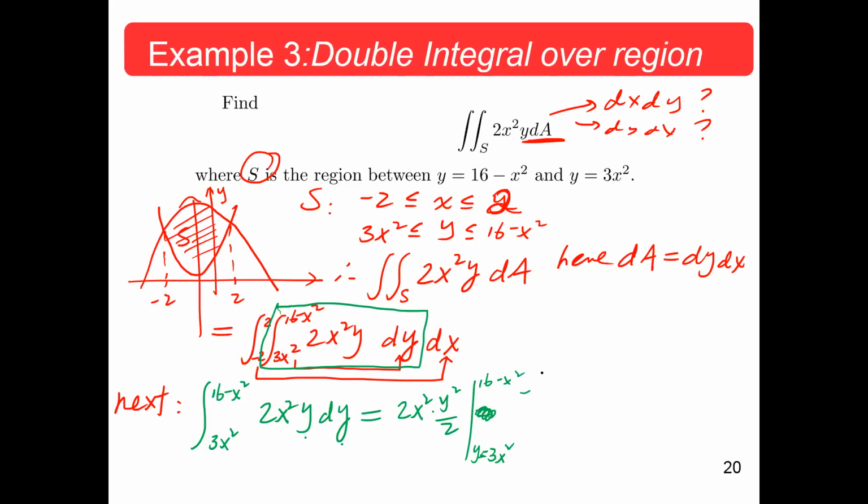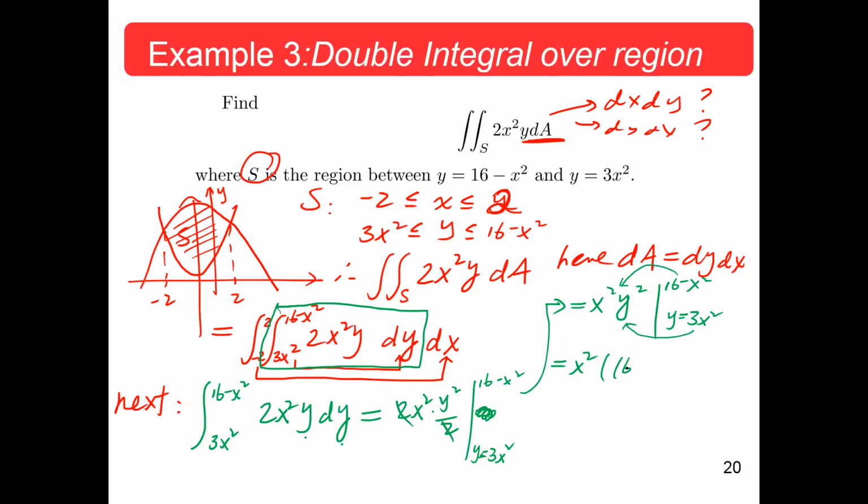I'm going to continue here. The 2 and 2 could be reduced. We have x squared y squared, with y equals 3x squared as the lower bound and 16 minus x squared as the upper bound. Therefore, let's plug 16 minus x squared in for y and plug 3x squared in for y and subtract those two.